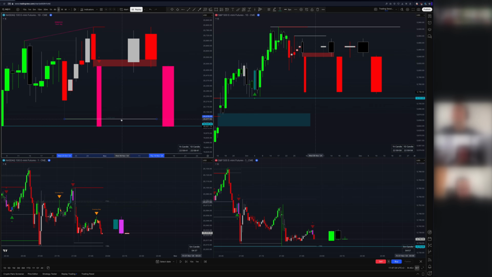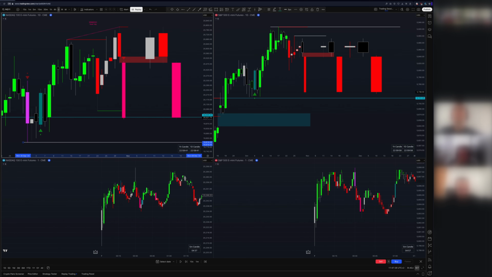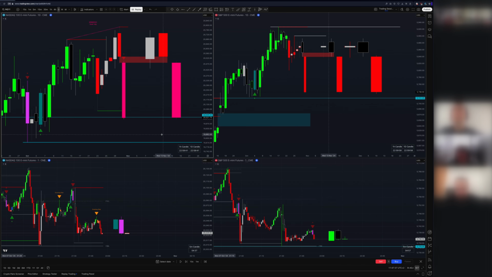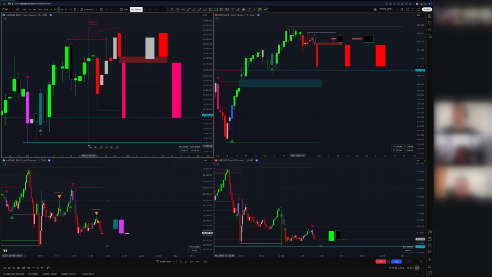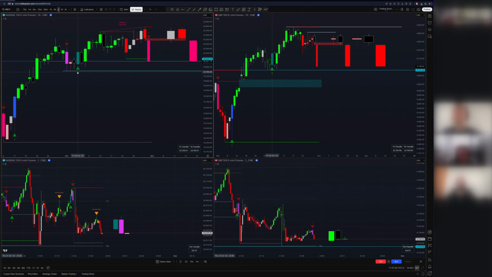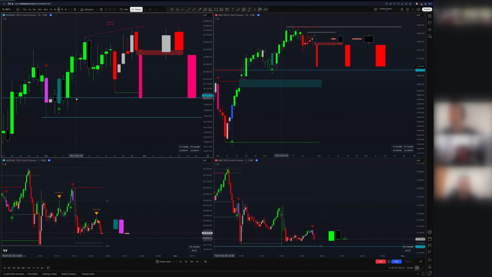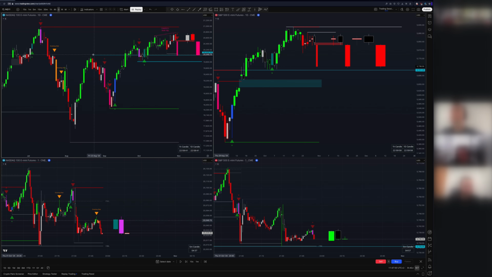So what would that be like? 15-minute, 1 hour time frame, and then the blue ones are on the daily time frame or something like that. So the blue lines are important levels for the daily and for swings on the daily. What is this level? This is the old swing high.